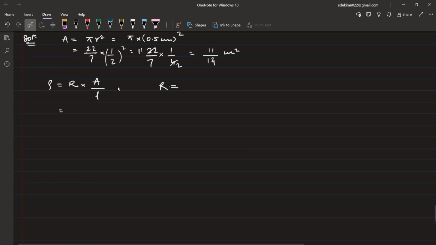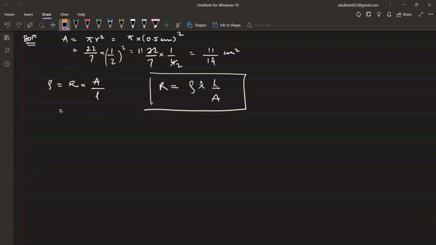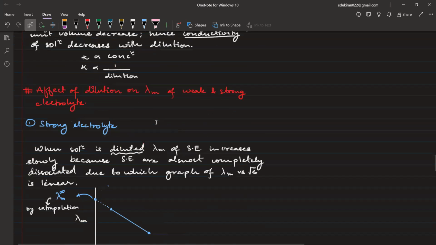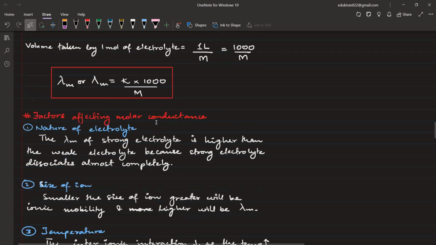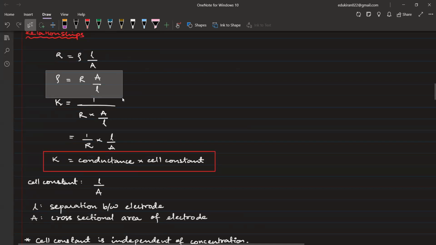L upon A ऊपर. This is right. Resistance is equal to R. ऐसे होता है ना? Yes, sir. Right, Rifat? I'm saying ऊपर we wrote L upon A by mistake. I mean नहीं, A. ऊपर तो हमने यही लिखा था, A upon L नहीं लिखा था, resistivity के लिए देखिए. C for resistivity, what we have written? A upon L.